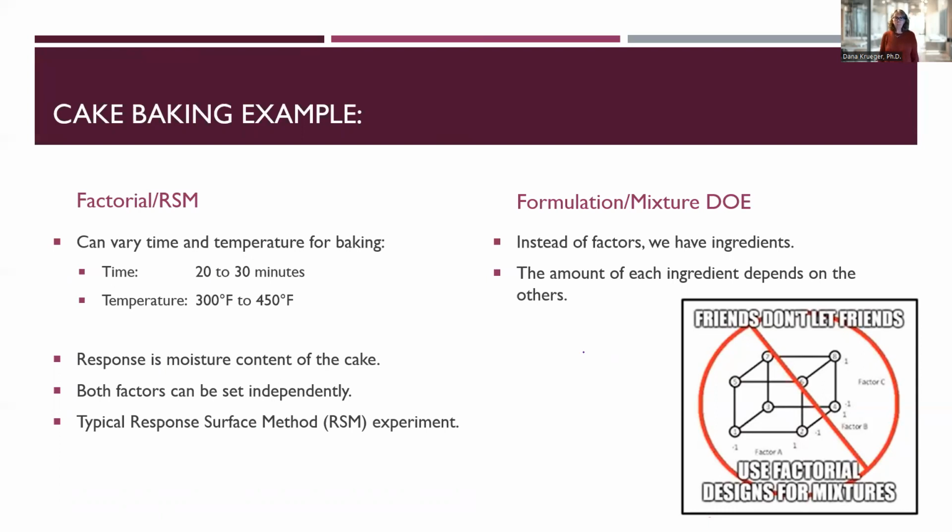We can do that. They're independent of each other. That's pretty typical. But as I said, with mixtures, we've got these ingredients that have to go together to add up to 100%. And that's a constraint that we have. The amount of each ingredient depends on the others. So we want to remember, friends don't let friends use factorial designs if they're mixtures.